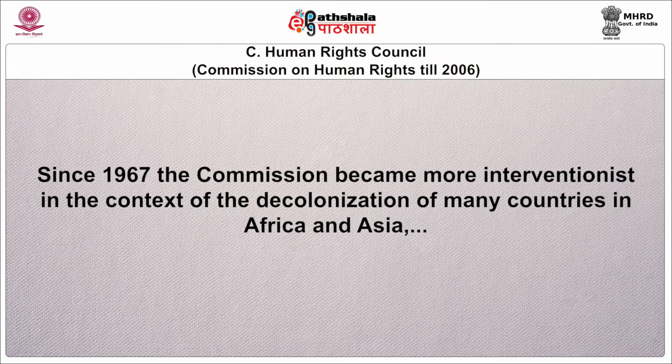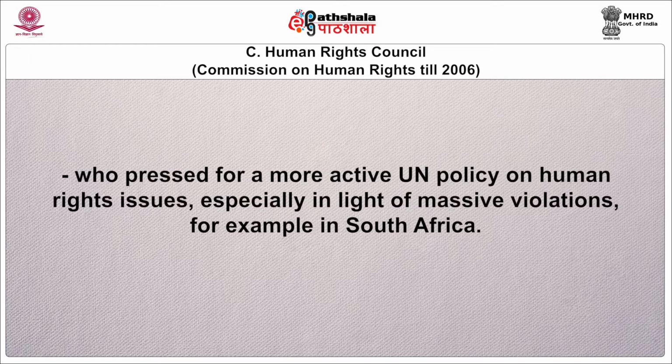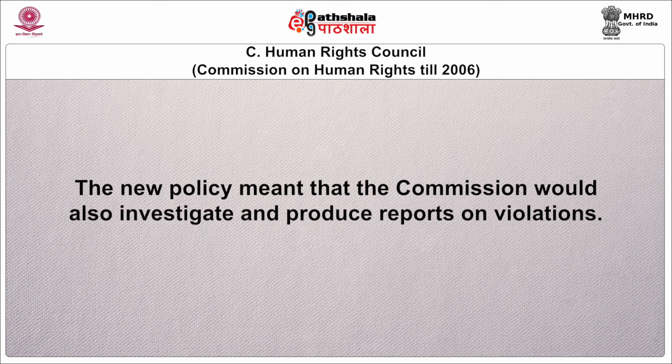Since 1967, the Commission became more interventionist in the context of the decolonization of many countries in Africa and Asia, who pressed for a more active UN policy on human rights issues, especially in light of massive violations, for example, in South Africa. The new policy meant that the Commission would also investigate and produce reports on violations.